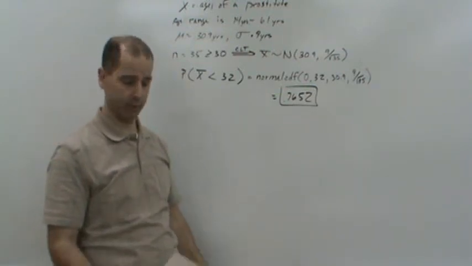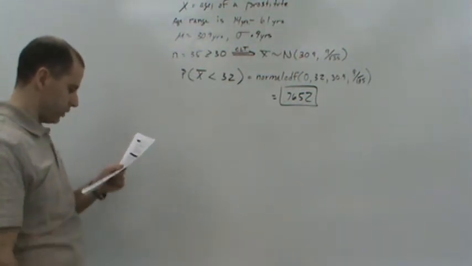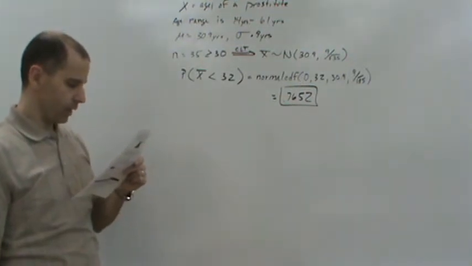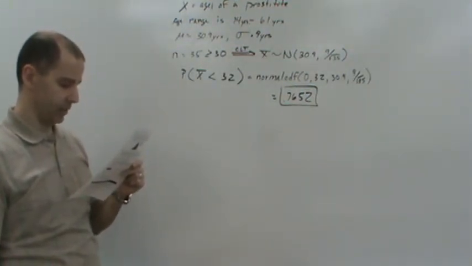That's what it means. Okay, so that's that question. Now part B says, is it likely that the mean age of the sample group could be more than 50 years?